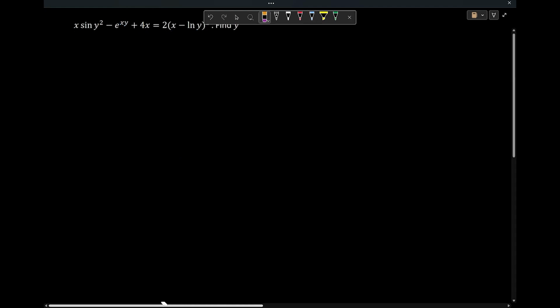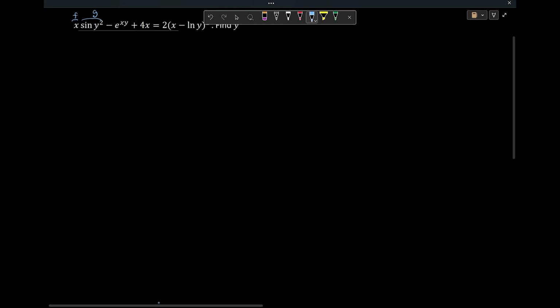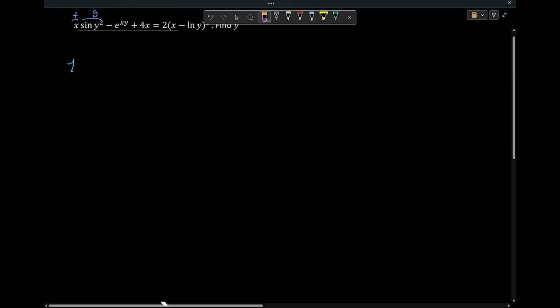So let's go ahead and take derivatives. If this is my f, this is my g, I can easily take the derivative of that. So it's the derivative of the first, the derivative of x is 1. I want to now skip the intermediate step. We're just going to go ahead and take derivatives. Here's 1 times the derivative of the sine of y, times sine y squared, plus the derivative of sine y squared.